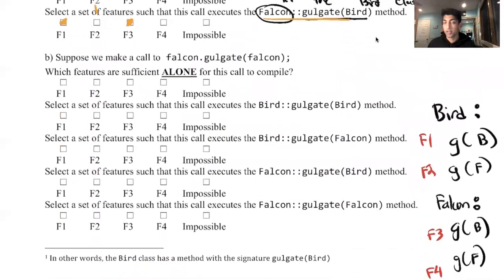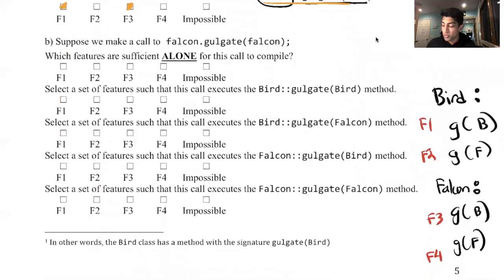So moving on to part B. Suppose we make a call to falcon.gulgate falcon. Let's recall that falcon is of static and dynamic type Falcon.